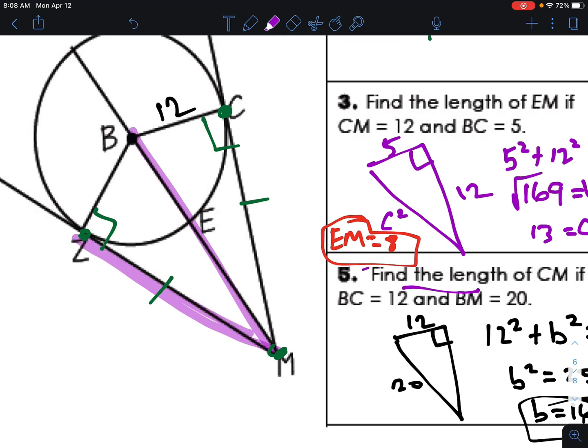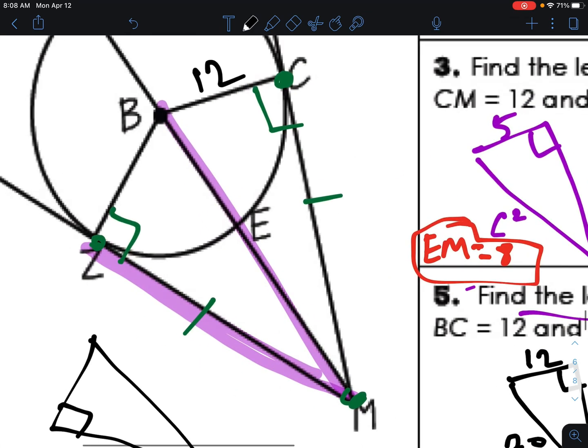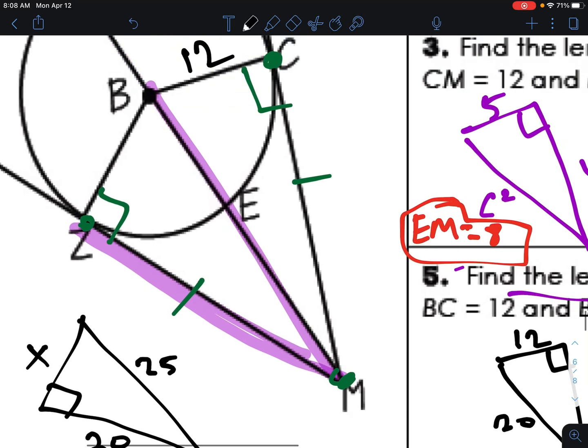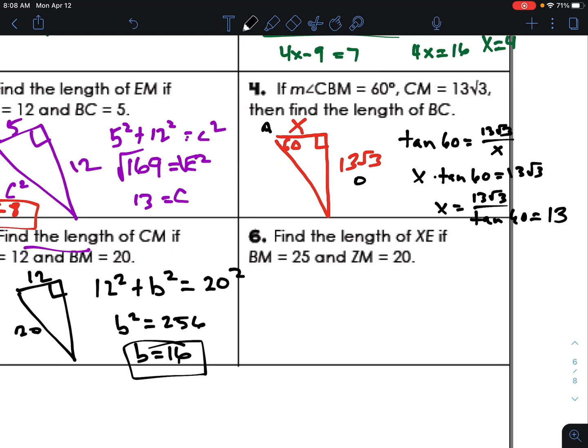I have a right triangle right here. They give me BM 25 and ZM is 20. I want to find this value here, which is the radius. How do I find the diameter if I know the radius? Multiply by 2, right? So we're going to do a squared plus b squared equals c squared.